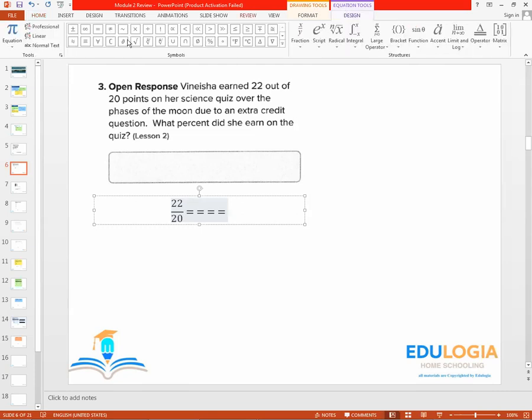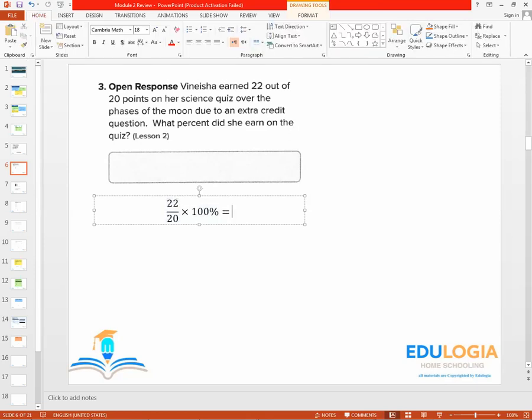When he asks you for percent, you have to multiply by 100 and also put the percent sign. Now perform simplification. Here we have 22 over 20 multiply 100.